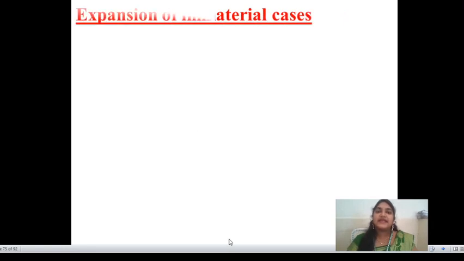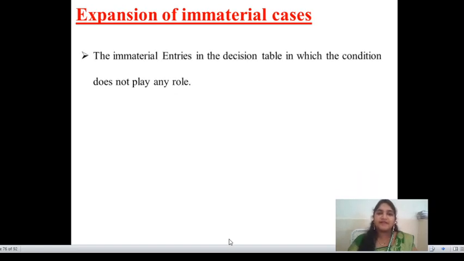Next, expansion of immaterial cases. First, what is meant by immaterial cases? An immaterial case is a no operation; it doesn't play any role. Entries in the decision table in which the condition doesn't play any role are defined as I, an immaterial case, which performs no operation.